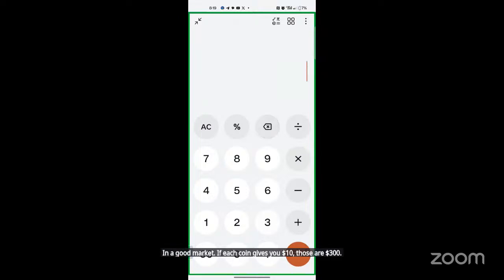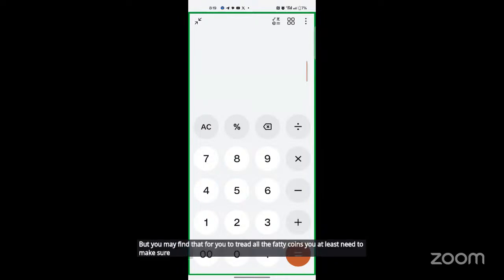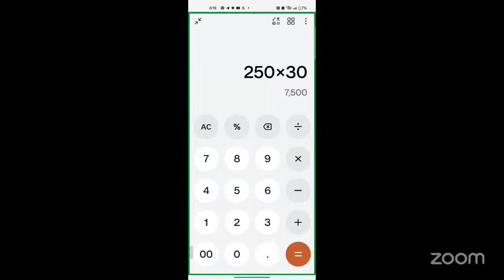But you may find that for you to trade all 30 coins, you need to make sure that you have at least $250 per coin. At least $250, because when you go with $200 along the journey, sometimes you may get some issues.